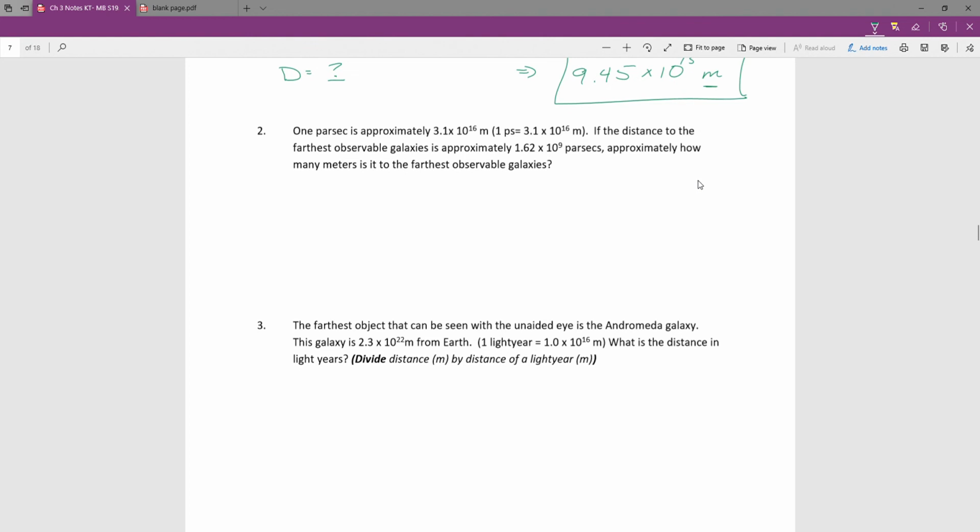So number 2 tells me what a parsec is. So a parsec is this 3.1 times 10 to the 16 meters. It's a distance. And it says if the distance to the nearest observable galaxy is this many parsecs, how many meters would it be? So this is a conversion.